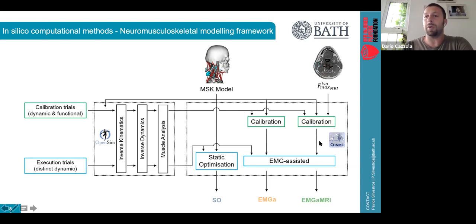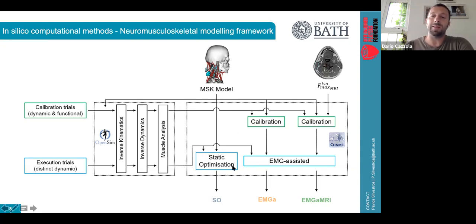The second block here was mainly based on the use of CEINMS, which is an optimization algorithm that allows us to run a calibration, so calibrate the muscle parameters of the model, and solve the redundancy problem in different ways. In our case, we calculated the net muscle activation in 2 different ways.